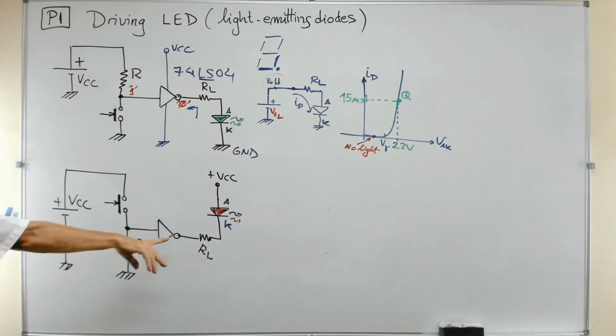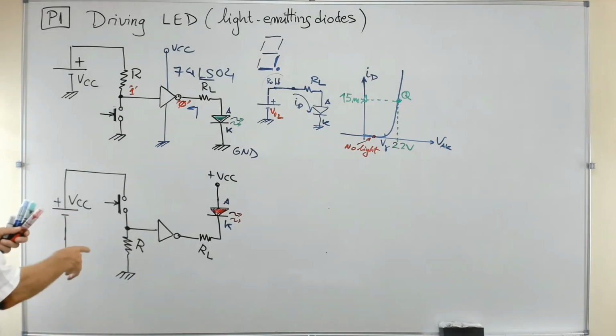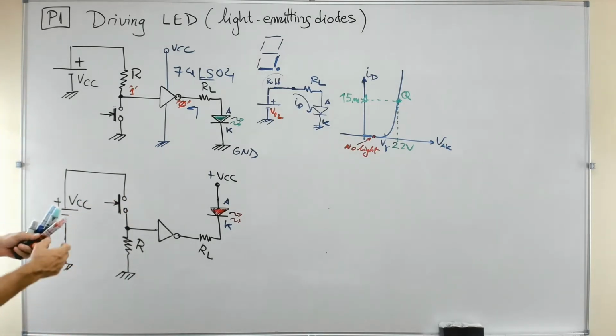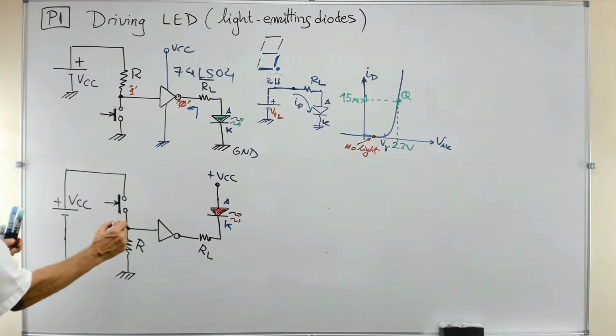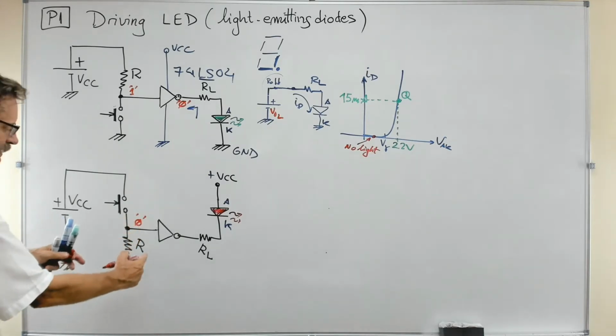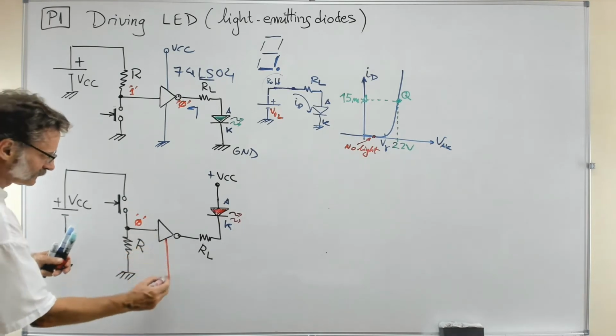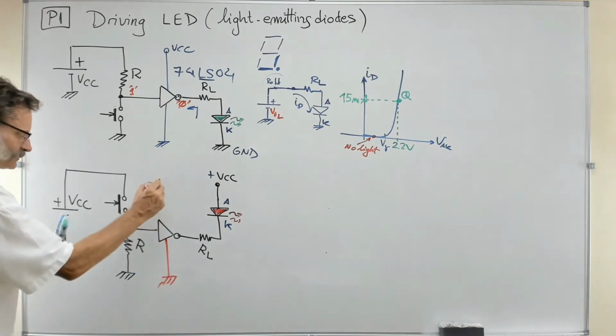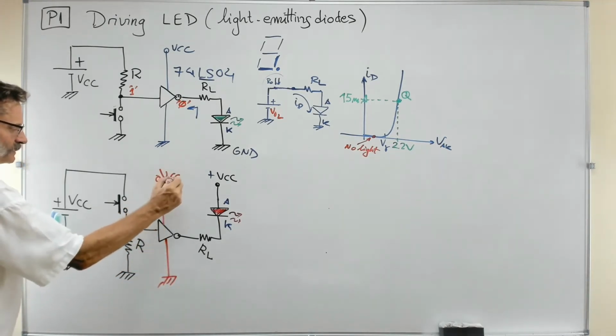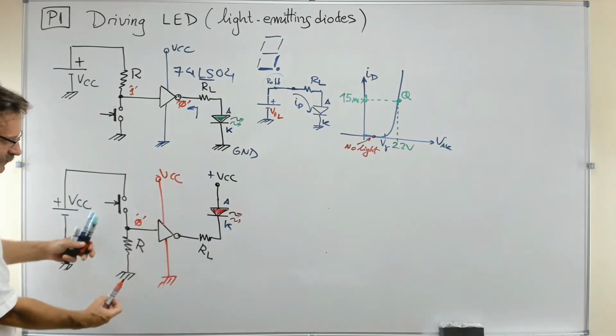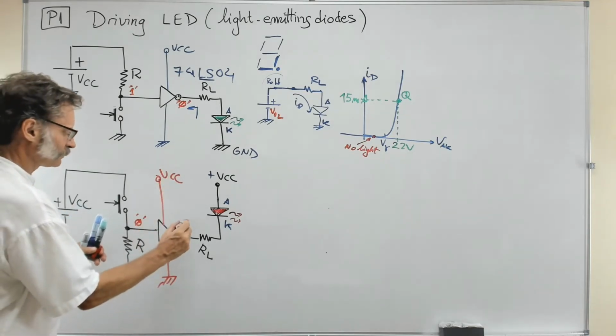The same with the red one. So if now you are not clicking, what is happening here? You have a 0, because you are connecting the input of the logic gate to the power supply VCC naturally. So you have a 0 here, and so this is a 1, logic true.